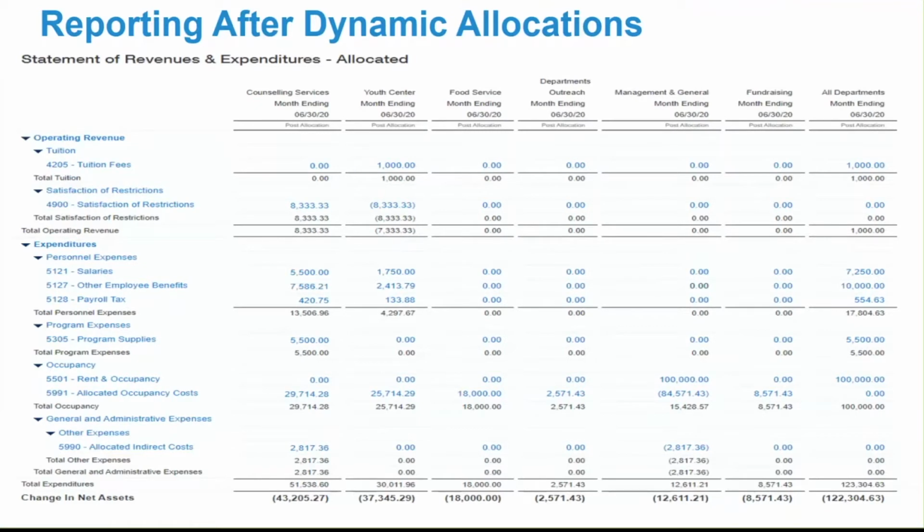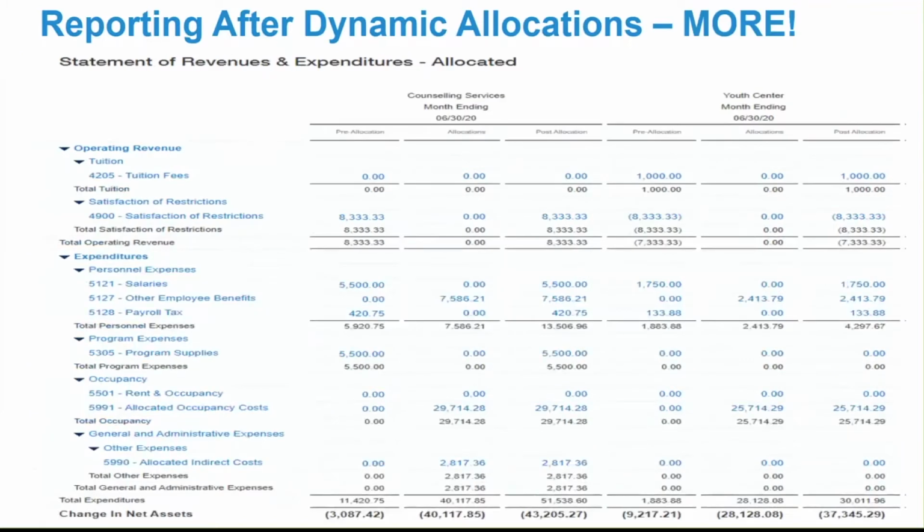And then finally, the next and really kind of brilliant layer that you get with dynamic allocations in Intacct is this view that we're looking at on this slide. Here we have this report, and we're just focusing on the counseling services department for now, but what you get is a before and after view of what my financial performance was before these allocations, what the impact of these allocations was, and then what the combined result is.